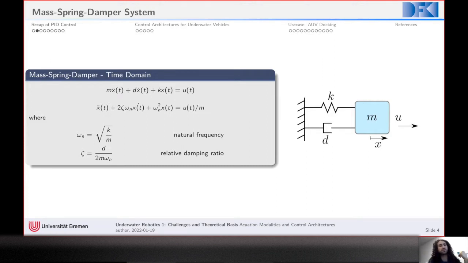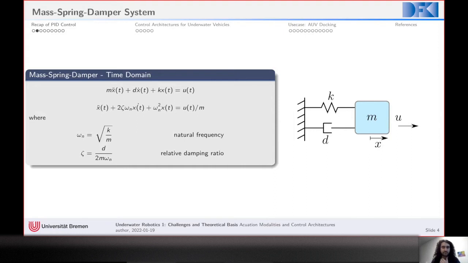It's the frequency with which it will oscillate if I give it an impulse, like taking a hammer and hitting it with an impulse of 1. And this damping ratio zeta is basically how much the amplitude of this oscillation will decay.